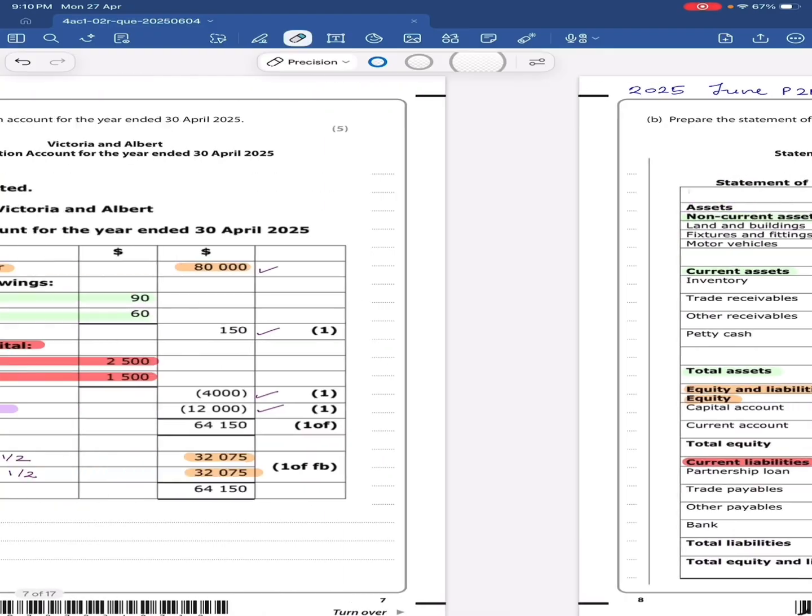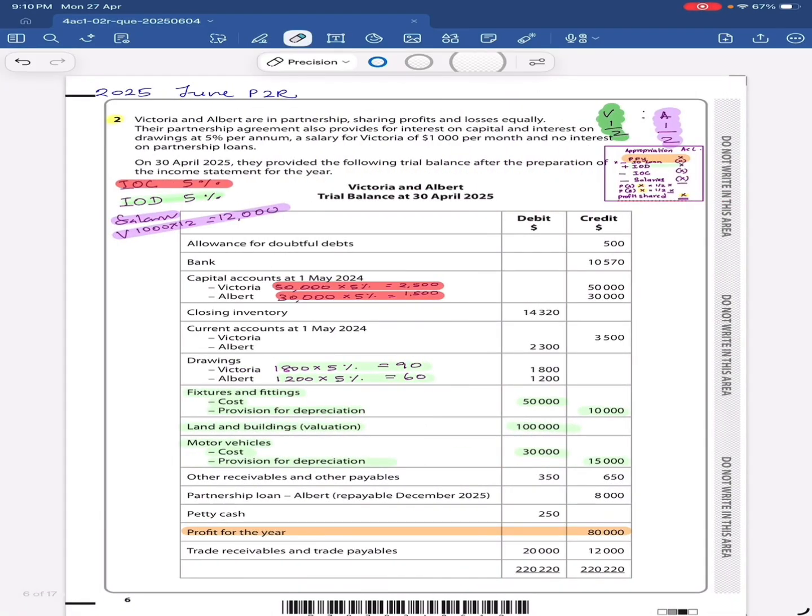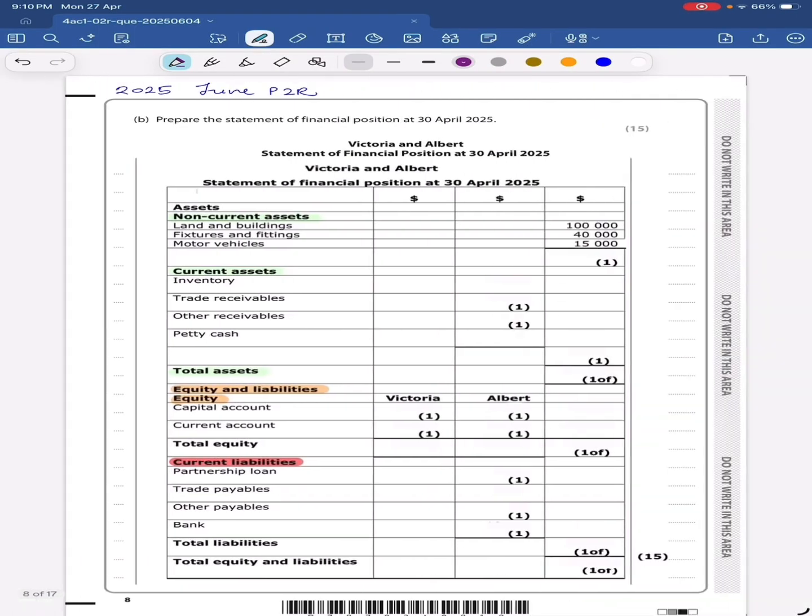As you can see here, for land and building, we have 100,000. And then fixtures and fittings, 50,000, take away 10,000.